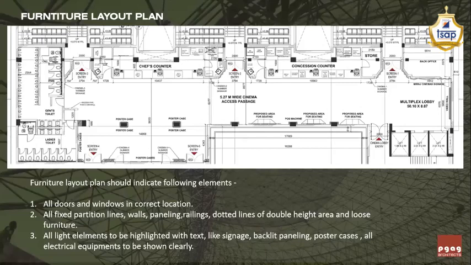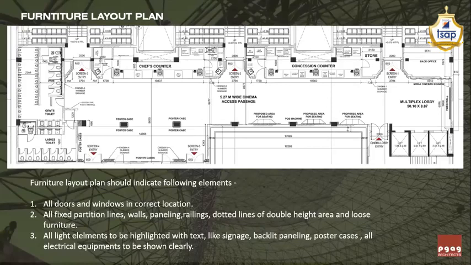Then the light element. Wherever the electrical contractor is supposed to leave an electrical point or a light point, he is going to read your furniture plan and correlate it with his own drawings. So the furniture plan becomes the baseline of all the next drawings which you are going to create.